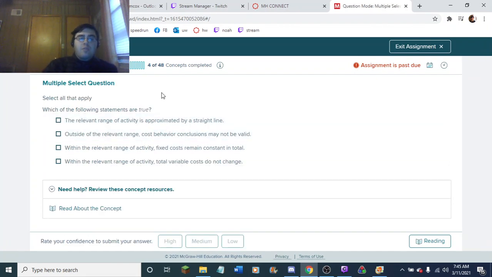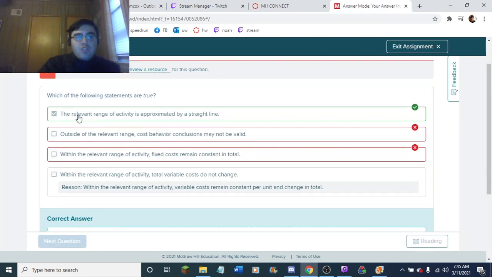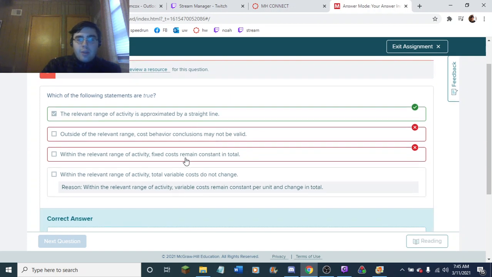Which of the following statements are true? Not sure. All right, so this is true: the relevant range of activity is approximated by a straight line. Oh yeah, I didn't really look at that stuff. Like there's a graph. You can look at it graphically too, the questions about this stuff. These two things are not true.